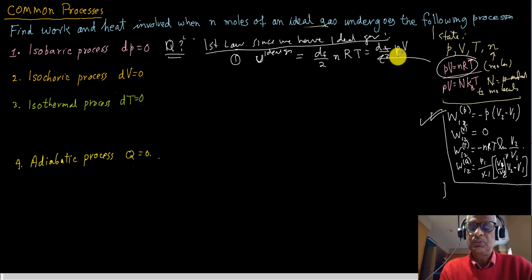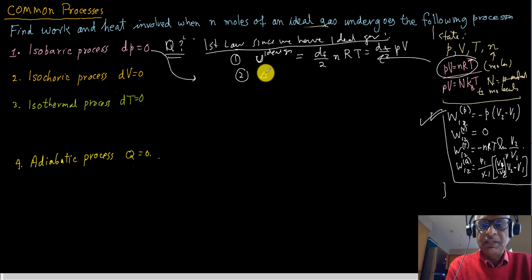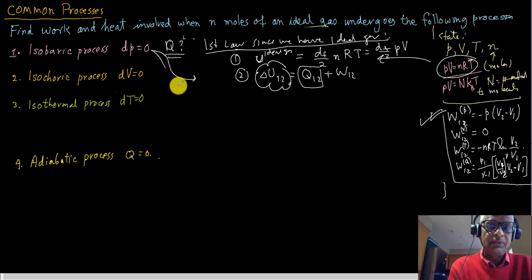So you can use either of these forms for an ideal gas. So let's use that, as well as delta U of a process from 1 to 2 is Q12 plus W12. We want this, and we can get this by just looking at temperature difference or PV difference.